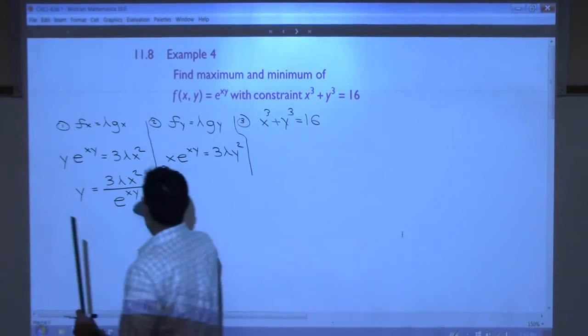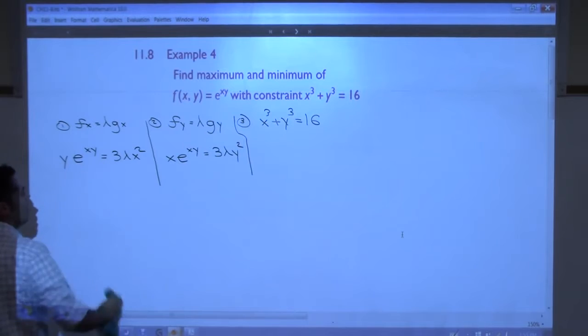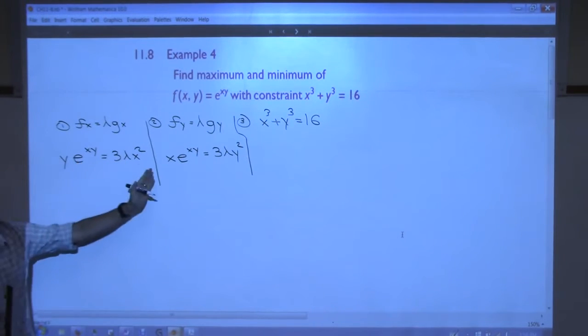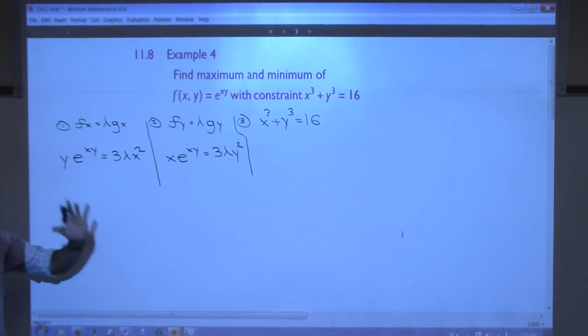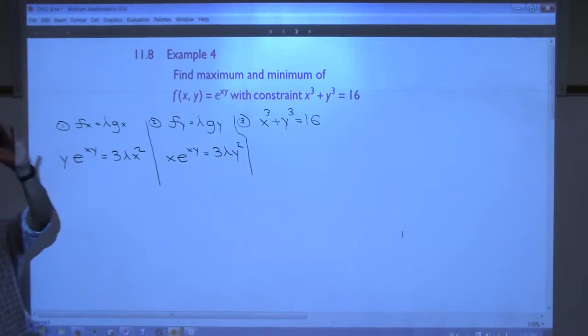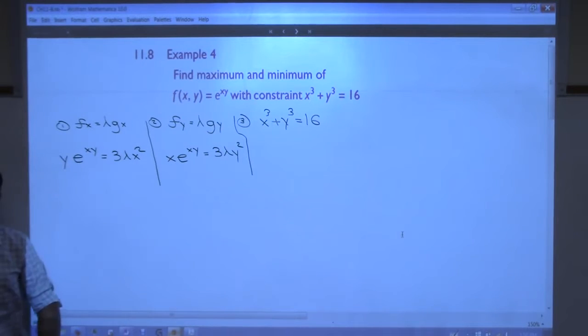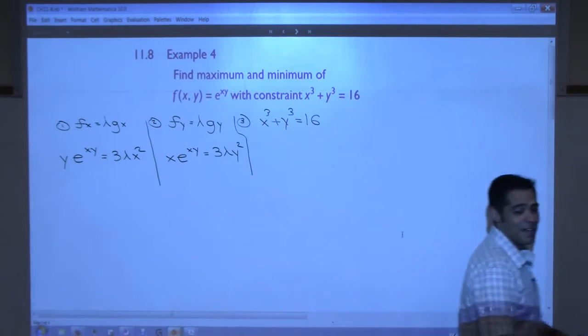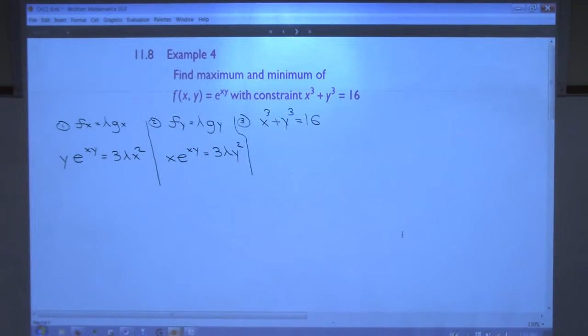All right, so let's take a vote. Are we going to solve for e to the xy on both, or do you want to solve for lambda on both? Okay, let's show hands. How many of you want to solve for lambda?